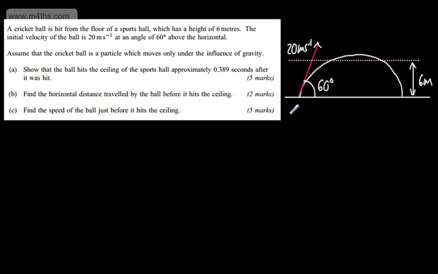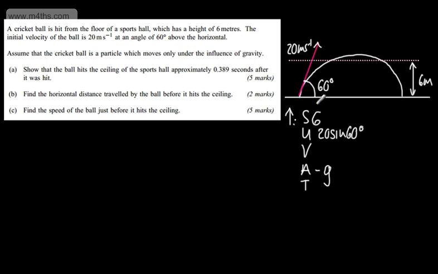We can consider now the motion in the vertical plane. I'm simply going to collect information using SUVAT. If we consider the vertical velocity, that is going to be 20 sine of 60 degrees. We know the acceleration from the last video is going to be negative g, or negative 9.8 meters per second squared, and we have a displacement of positive 6 meters.